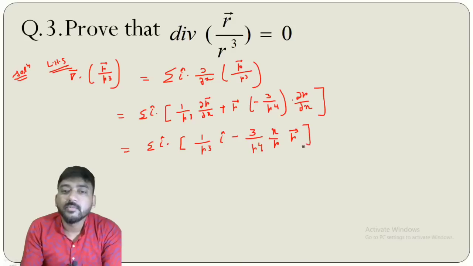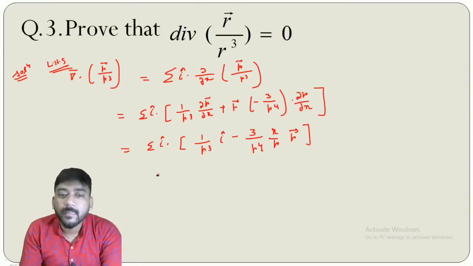Okay, now again if you take the dot product with this i and this i, it will be just 1, and that will be summation of 1 actually. So let me take the summation first here.